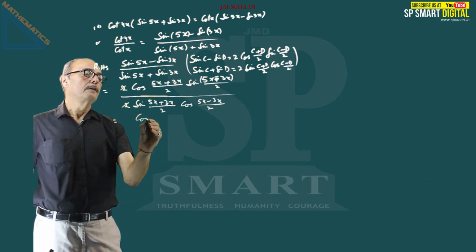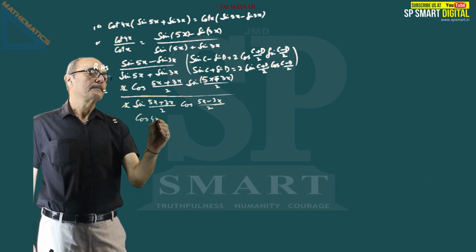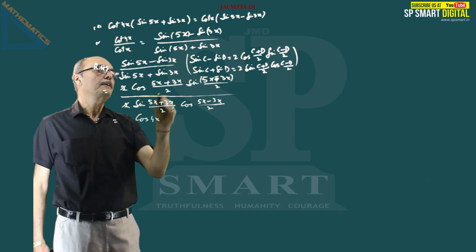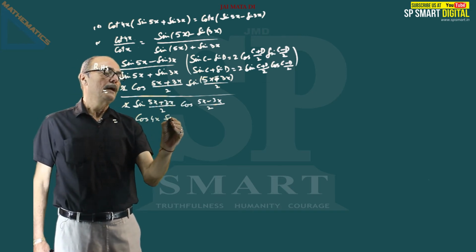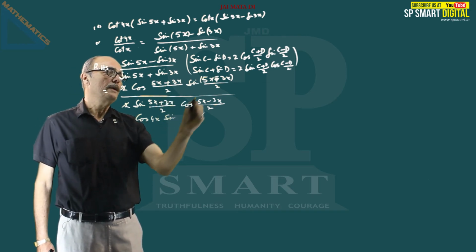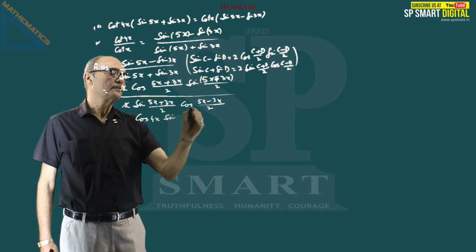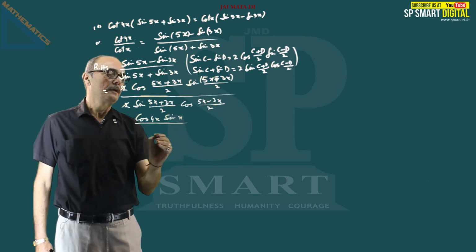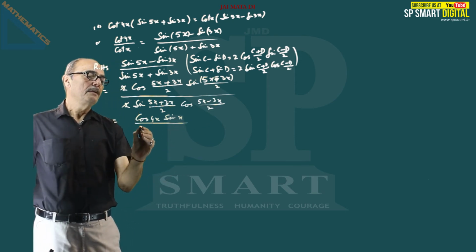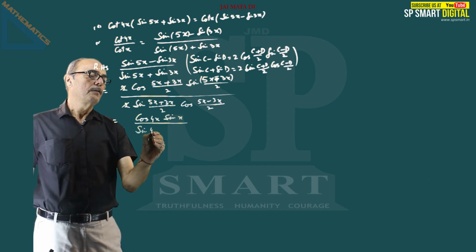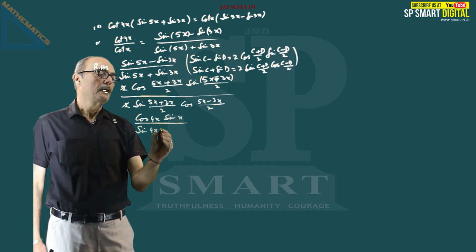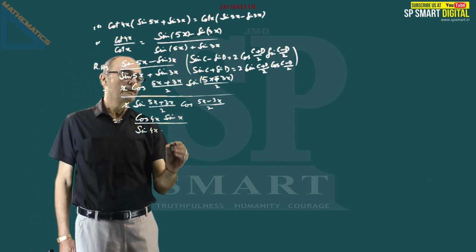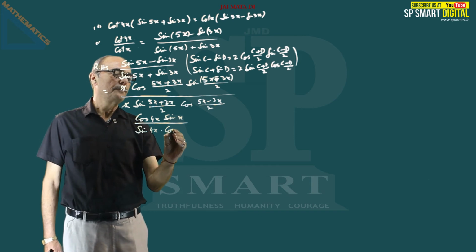Or we have cos of 4x, 5 plus 3 is 8 divided by 2, and sine of 2x, 5x minus 3x divided by 2, upon sine 4x into cos of x.